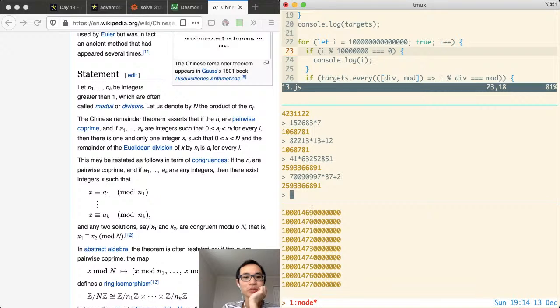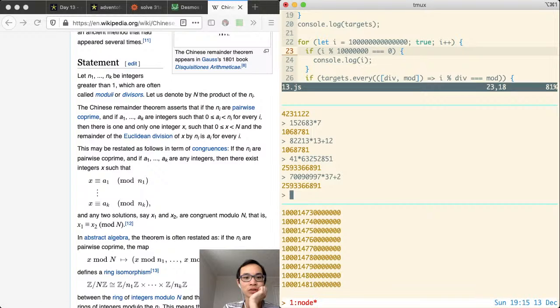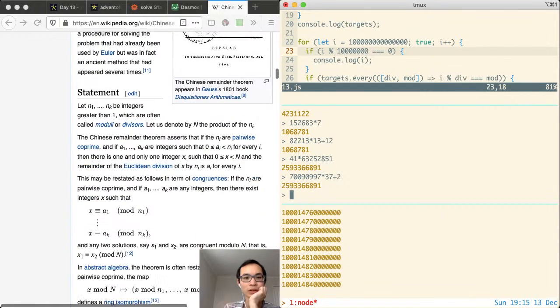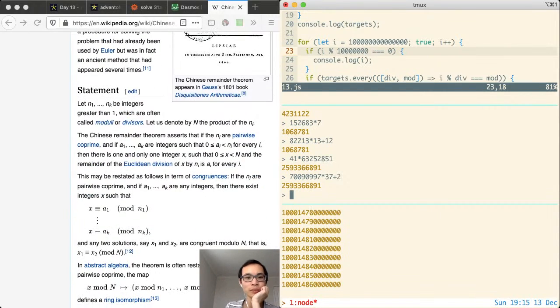The Chinese remainder theorem asserts that if the ni are pairwise coprime, and if a1 to ak are integers, such that a is between 0 and ni for every i, then there is one and only one integer x, such that 0 is between x and n, and the remainder of the Euclidean division of x is ai for every i.